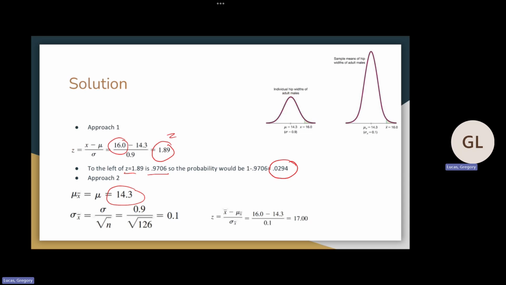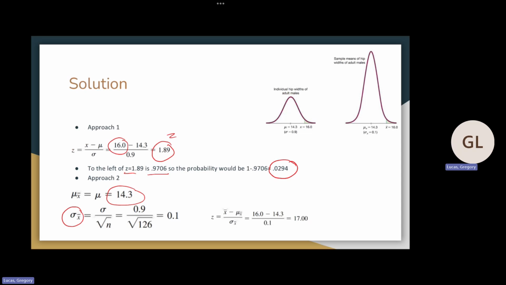So nothing changes there. Standard deviation of x bar is the same thing as sigma over the square root of n. So that's the denominator of our new z equation. Sometimes people will just plug it all in at once, or you could find the standard deviation separately. Doesn't really make a difference.